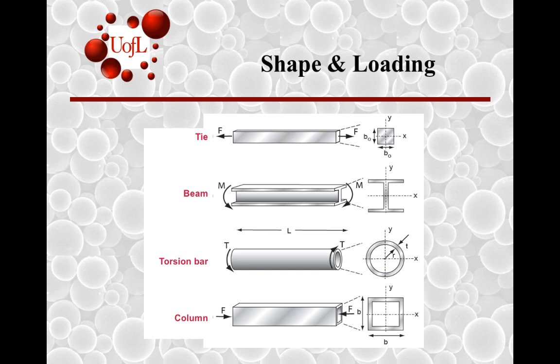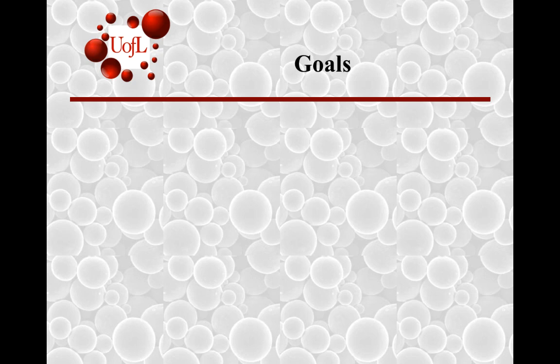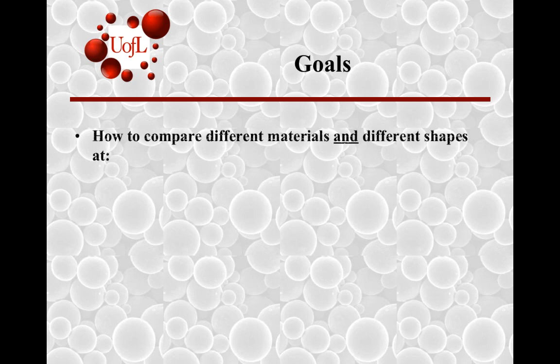So different geometries work better in different loadings, just like different geometries work better with different types of materials and processes. So the goals of this module is how to compare between various options that include material and shape considerations for a given design.